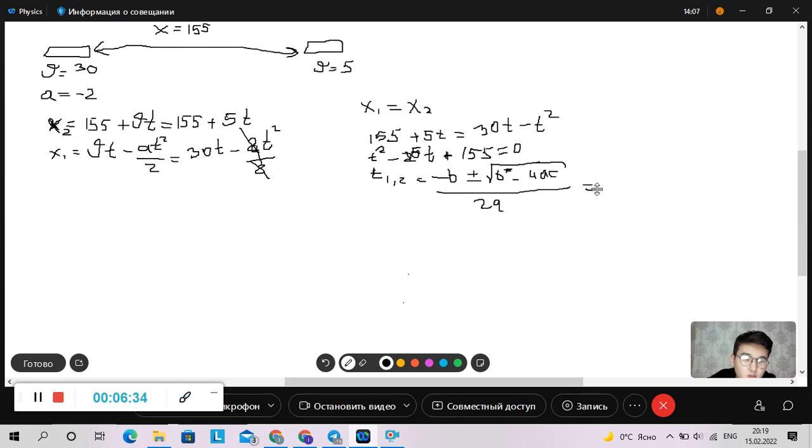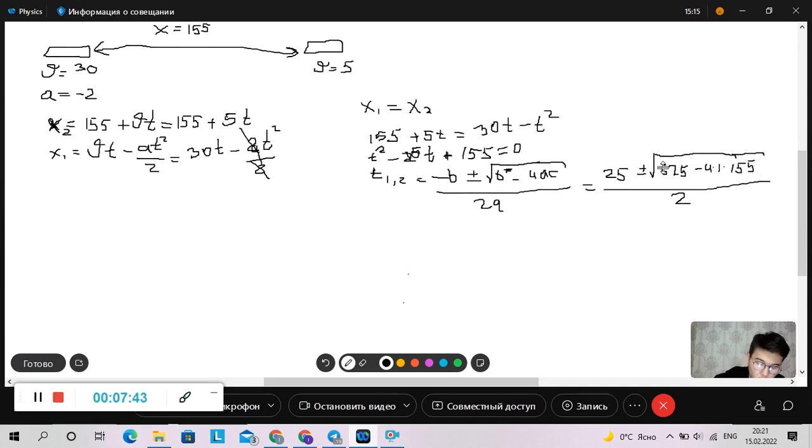We need to write minus b is 25, so minus b is plus 25, plus minus the root of 25 squared, which will be 625, minus 4ac: 4 multiplied by 1 and multiplied by 155, and over 2a, also 2.